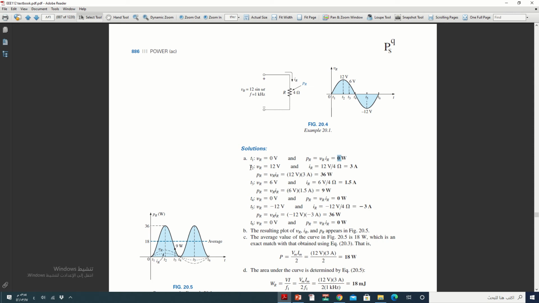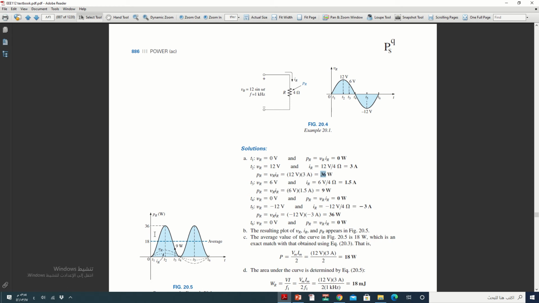During t2, VR equals 12, and we can find the current by dividing 12 by 4. You will get 3 amperes. Now we can multiply 12 by 3, and you will get 36.